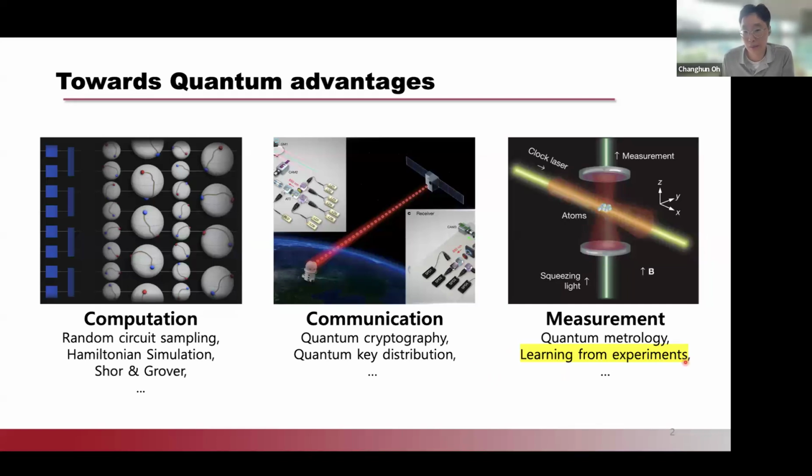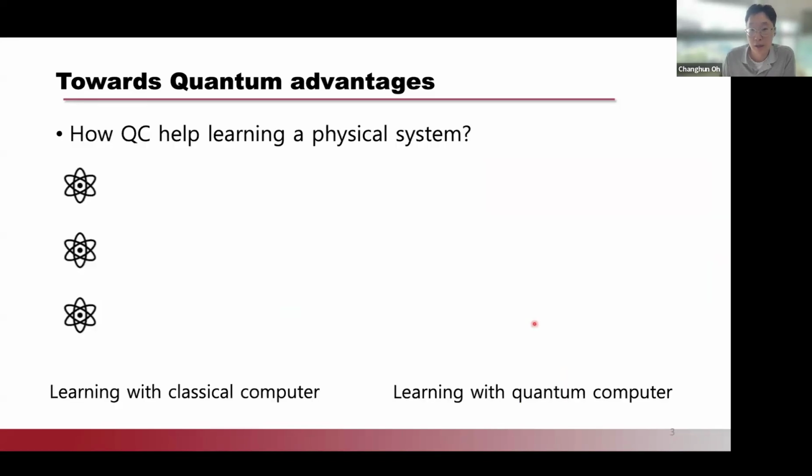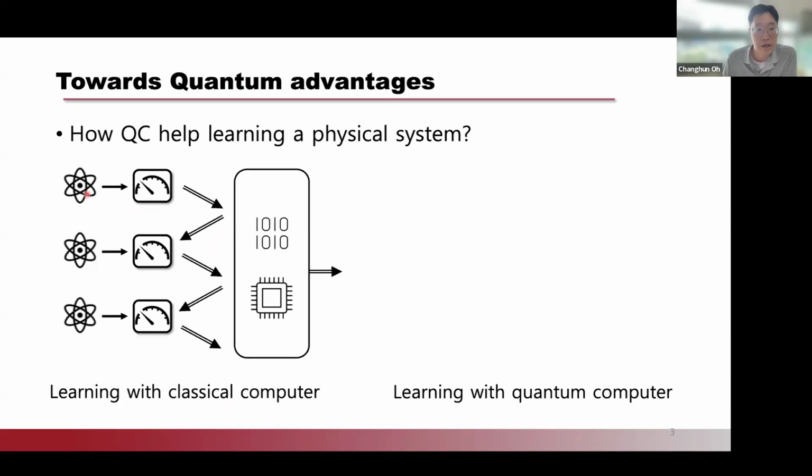Okay, so what do I mean by learning from experiments? Let me give you a high-level picture. How can a quantum computer or quantum devices help in learning a physical system? Suppose we have a number of copies of some system we want to learn. It can be a quantum system or a classical system. With a classical computer or classical devices, we can measure the system in a certain basis, and then we collect classical information.